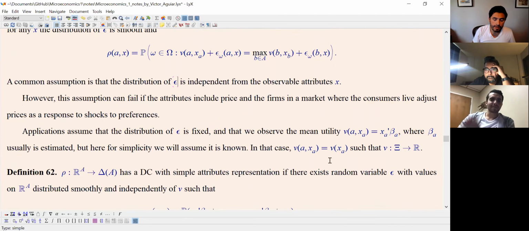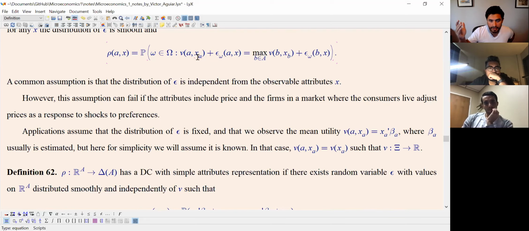Now, remember we are assuming exogeneity, that epsilon is independent from the observable attributes, and this can fail. For instance, if firms take into account the shocks to preferences to change prices, and if X has prices as attributes, then X and epsilon may be related, and you don't have these independence assumptions. People have considered these extensions, but for this section we're going to study the case of independence.